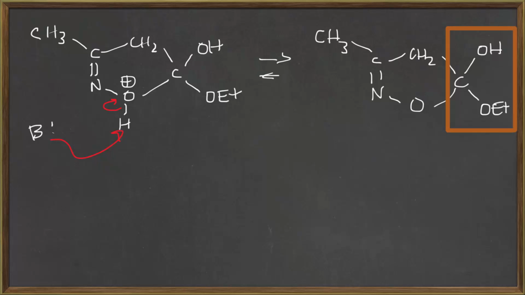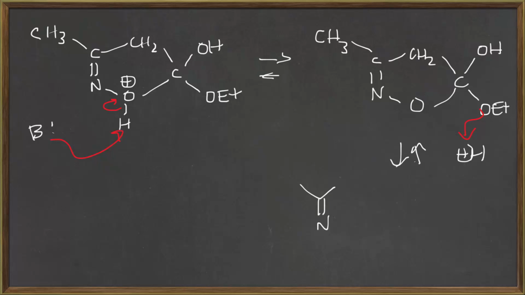So needless to say, that means I need to protonate the ethoxy group. Because if I protonate the ethoxy group, then, and now I can cheat and go back to my line structure, I should say, sorry about that.